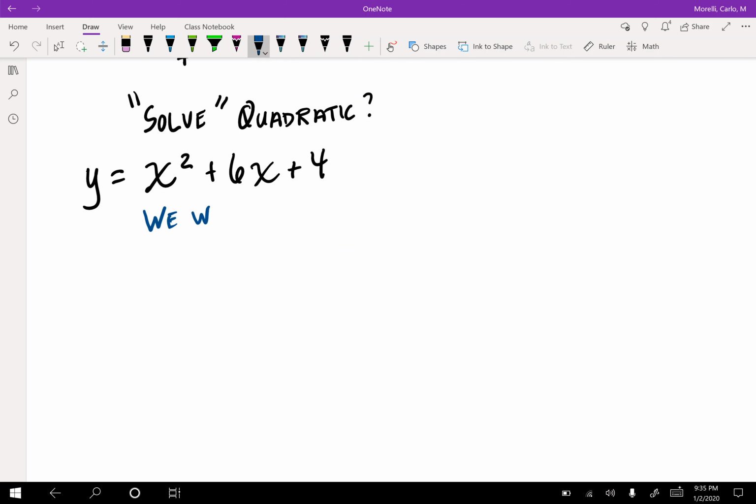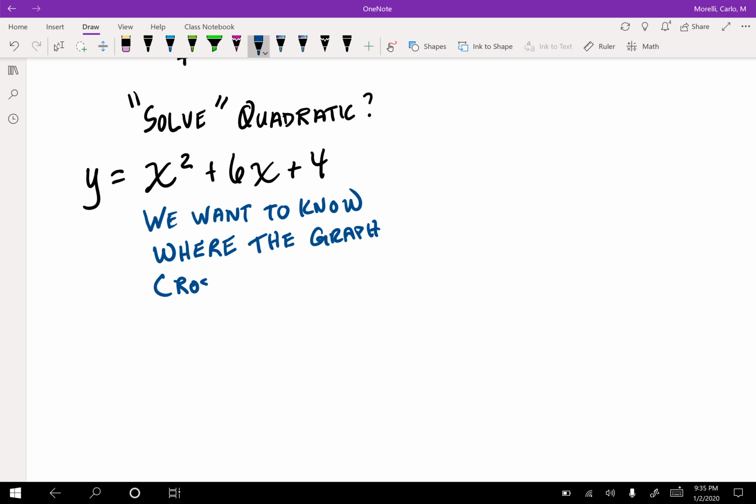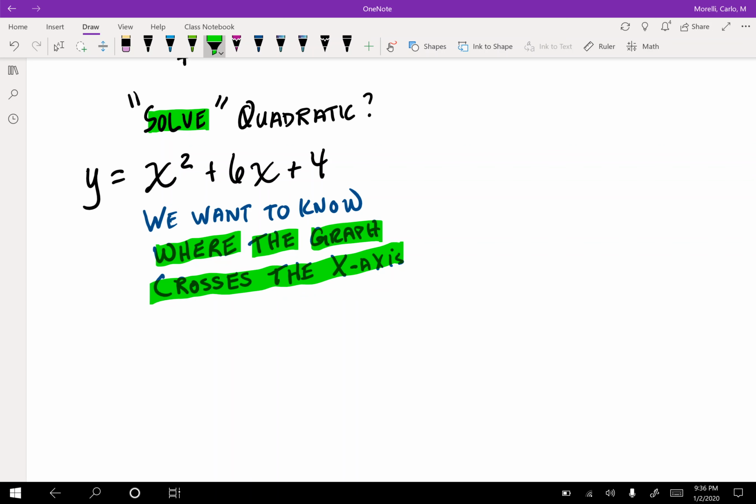We want to know where the graph crosses the x-axis. And this is what it means to solve a quadratic. We want to find where the graph crosses the x-axis. That's what it means to solve a quadratic.